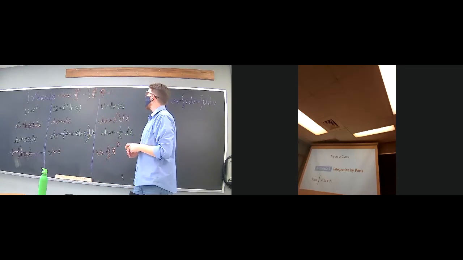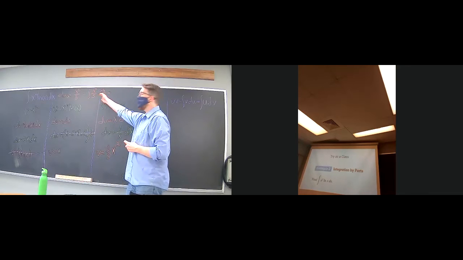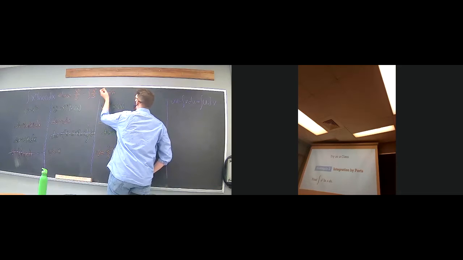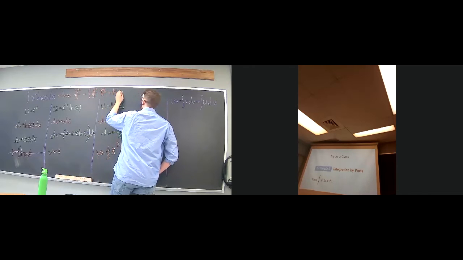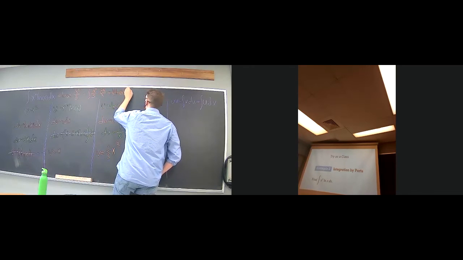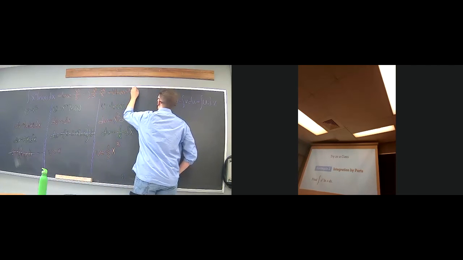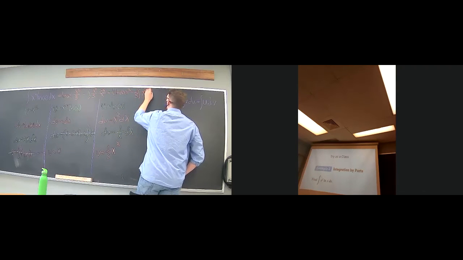We have a simplification now, right? We can lower this by a power. So we have 1/3 the ln of x times x to the third minus 1/3 the integral of x squared dx.